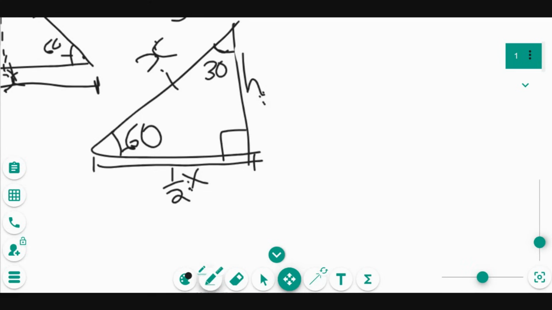By Pythagoras theorem, which we did last time, the sum of the squares of the smaller sides, this side h and this side x, gives us the square of the hypotenuse.